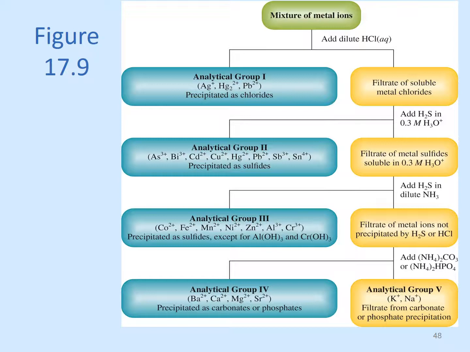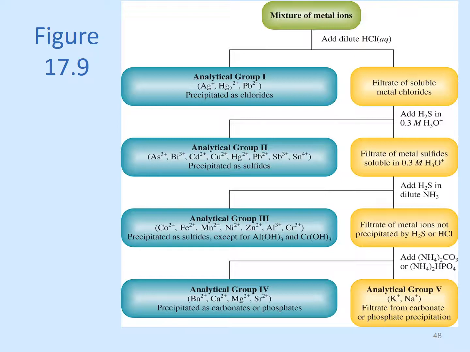Well, a lot of the metals will still stay dissolved because they don't react with the sulfide, but arsenic, bismuth, cadmium, copper, mercury, well, of course mercury, lead, and silver are already gone, but tin and antimony will precipitate. So again, only certain ones will precipitate, so we're going to continue on.